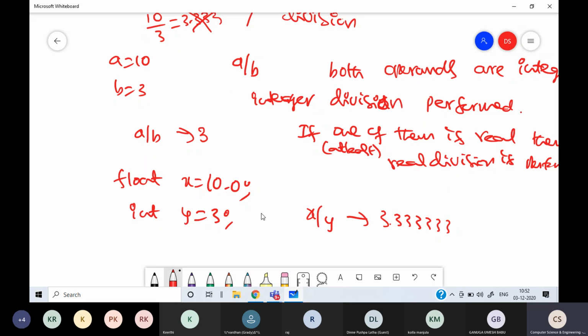Here it is 10 by 3 and I'll get 3.333; with integers, 10 by 3 gives 3. So this is one important point to note, the difference between real and integer division. If both are integers, integer division is performed.